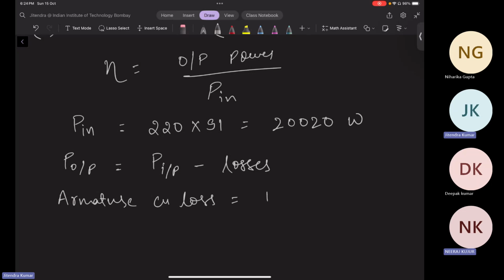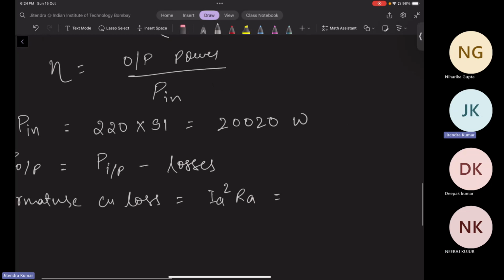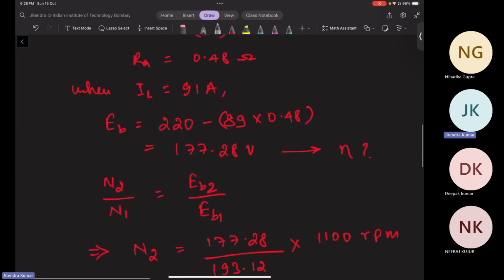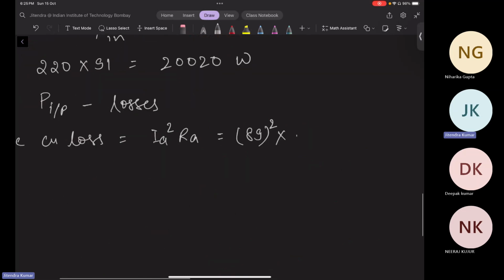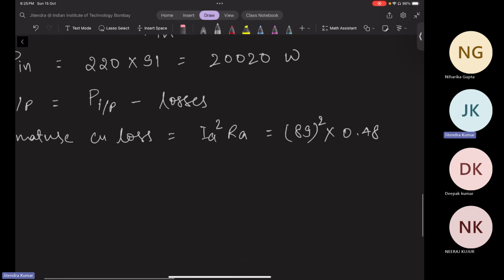So armature current IA square RA, and IA is nothing but 91 minus 2. So 89 amps squared into RA. RA we found in part A, that is 0.48. So it will be equal to 89 square into 0.48, 3802 watts.